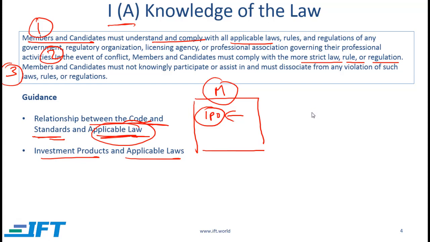But let us consider different scenarios. And the way Exhibit 1 is structured, and I'll just summarize this for you, we might have three kinds of countries. NS, which refers to a country with no securities laws or regulations. LS, where the securities related laws and regulations are less strict compared to the code and standards. And then MS, where the law is more strict than the code and standards. So I'll just go through some of the scenarios. Let's say you reside in NS.